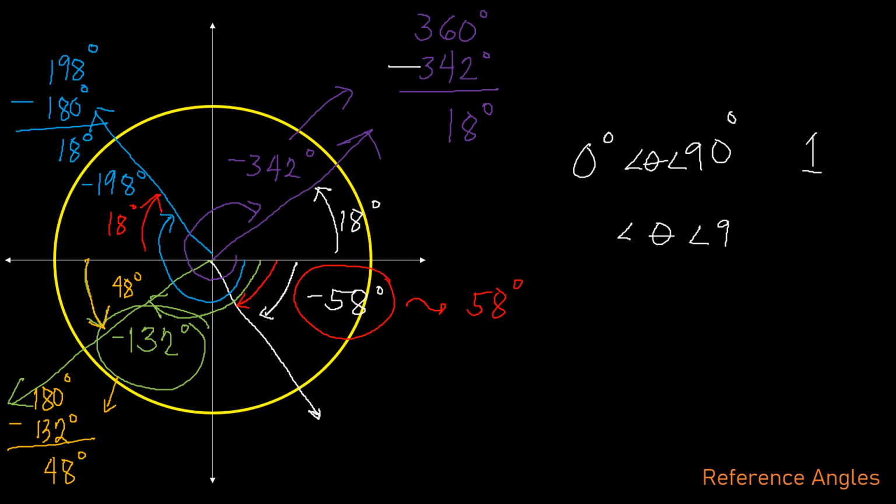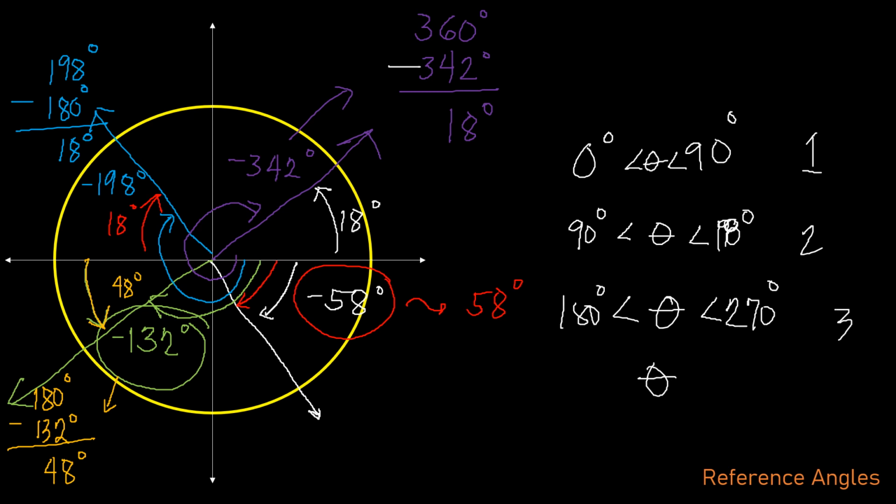Pag yan naman is less than 180 degrees but greater than 90 degrees, quadrant 2. When the angle is less than 270 degrees but greater than 180 degrees, quadrant 3. When the angle is less than 360 degrees but greater than 270 degrees, that must be quadrant 4. Kaya nangyari dito, kung mapapansin nyo, kung itong si negative 58, dito lang siya, kaya ititreat mo lang siya as positive, yun na yung sagot.